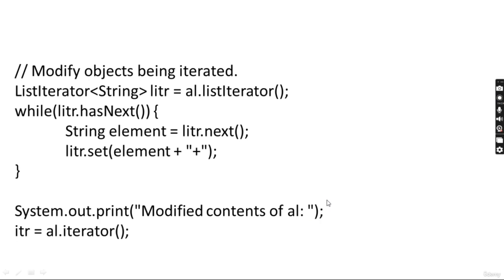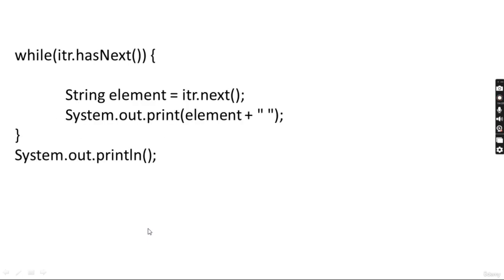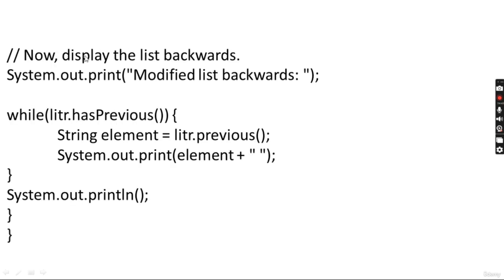So the modified contents of the ArrayList are displayed: iterator = al.iterator(). Then, while iterator.hasNext(), again we use the iterator object to display the elements, which are the modified elements. Now the list in the backward direction using listIterator.previous(). This will be your element, and the element is printed over here.